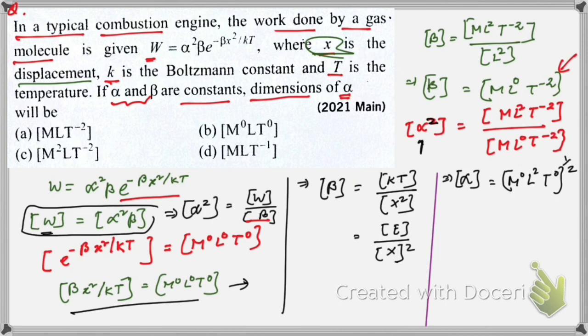So in that case we get M to the power 0, L to the power 1, because L square to the power half is going to be L, right?